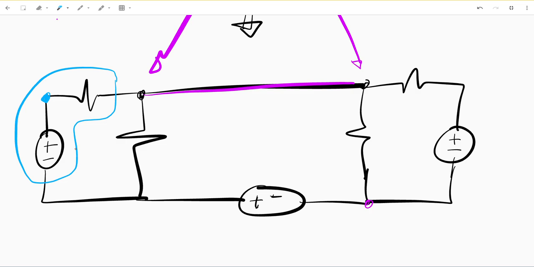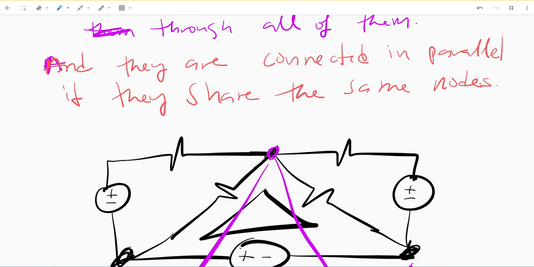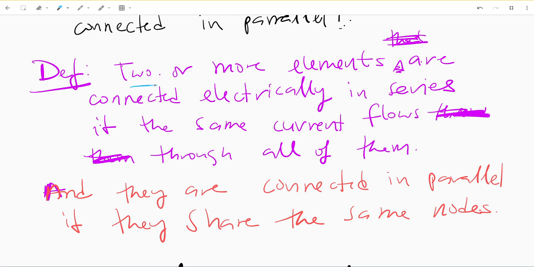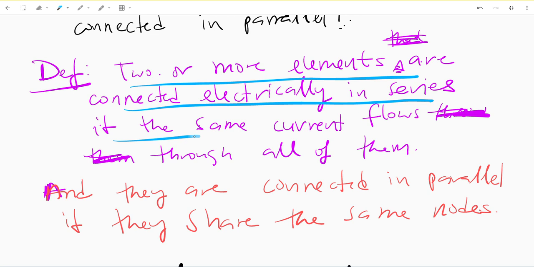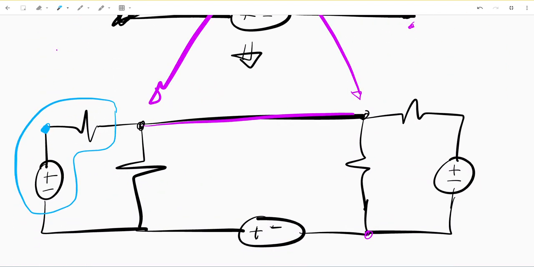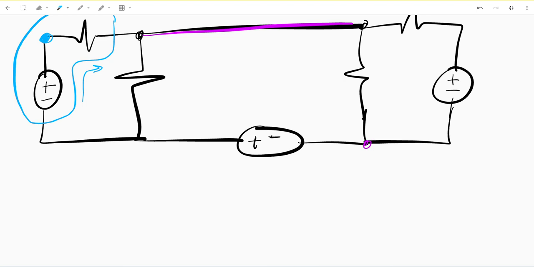As a result, they share the same currents. And from our definition, two or more elements are connected electrically in series if the same current flows through them all. So in this situation here, we get the same current flow because this is just an ordinary node.